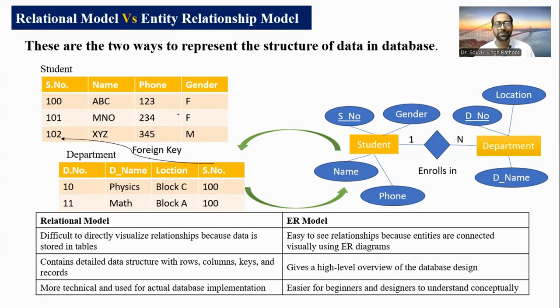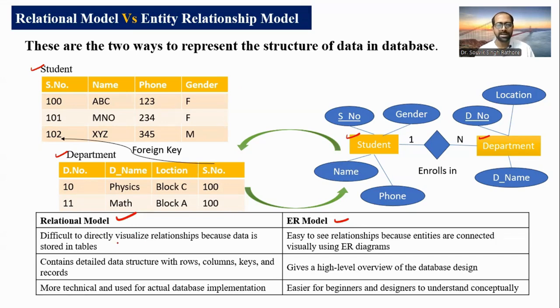In this slide, we will see the difference between the two important data models, that is the relational model and the ER model. We have taken exactly the same example. In the relational model, you can see we have the student table and the department table, while in the ER diagram, we have the student entity and the department entity. Let's see certain differences between them.